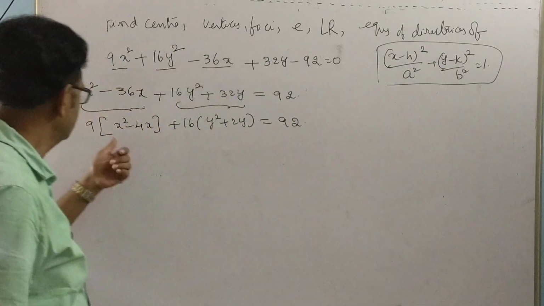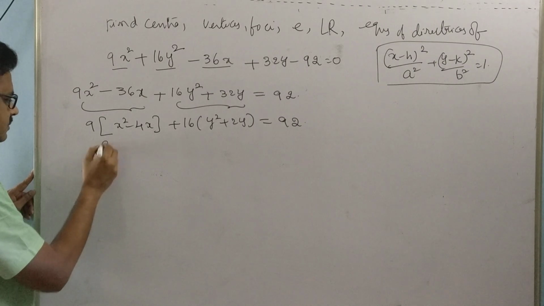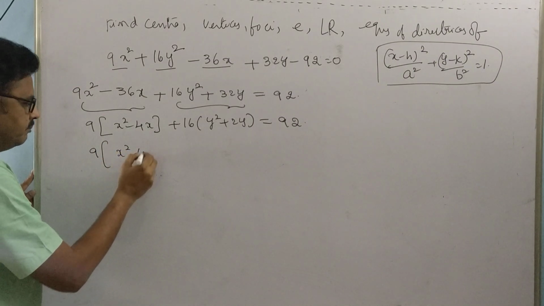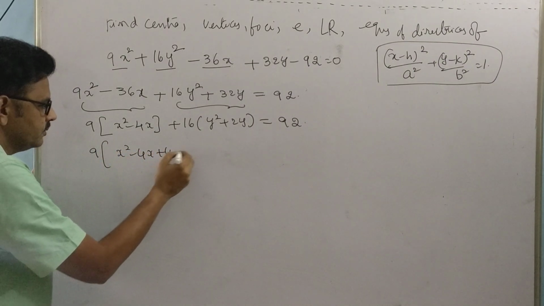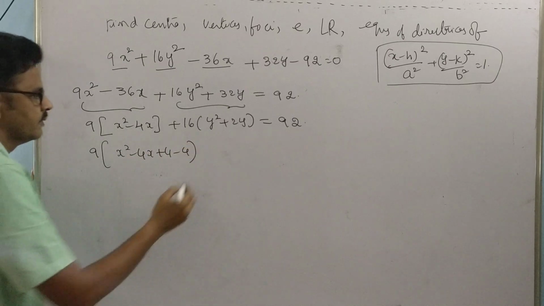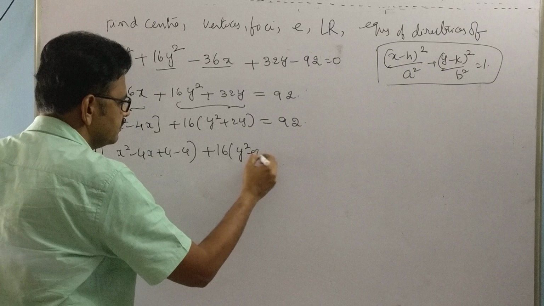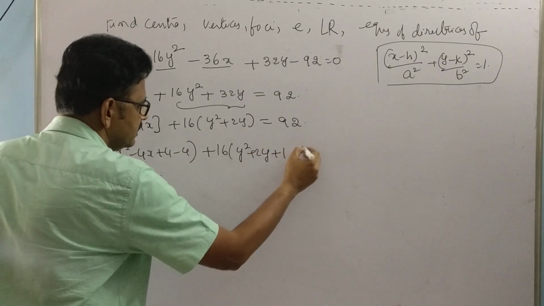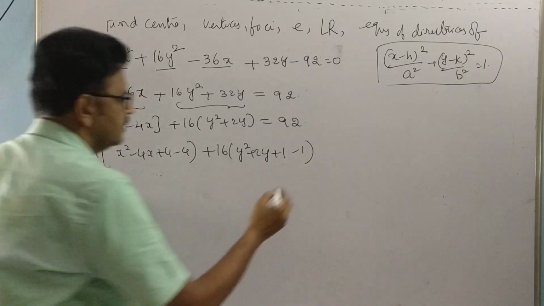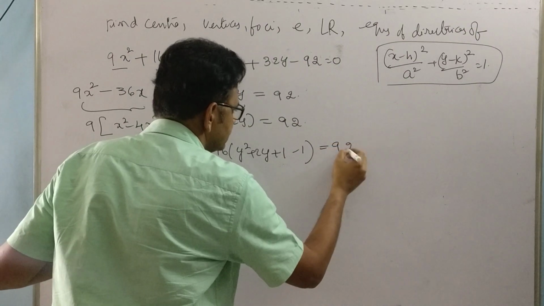Now 9 into x² - 4x, adding 4 and subtracting 4, plus 16 into y² + 2y, adding 1 and subtracting 1, is equal to 92.